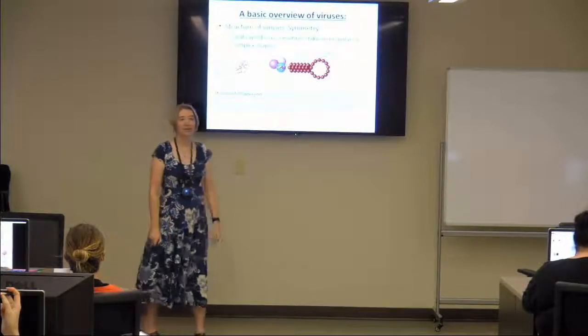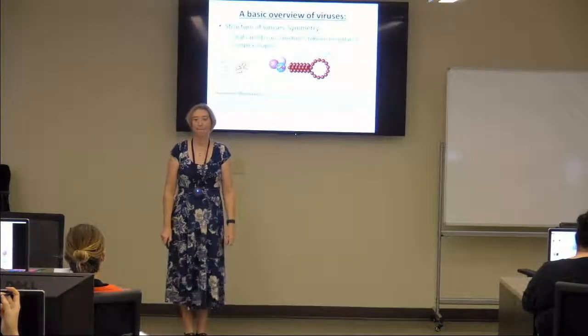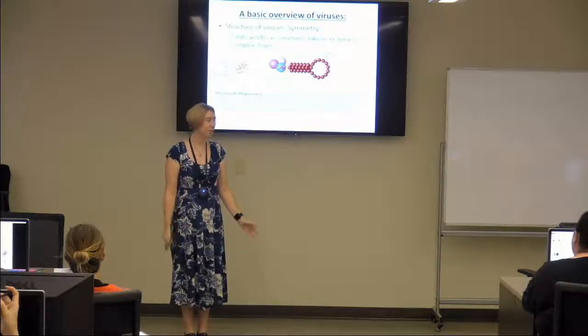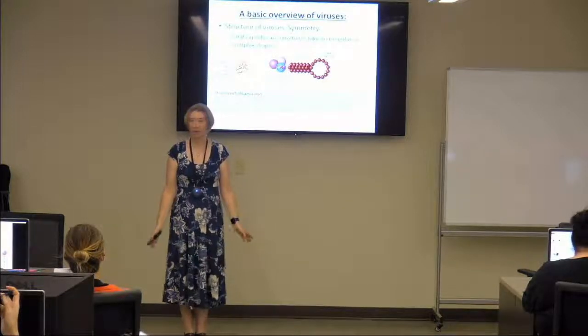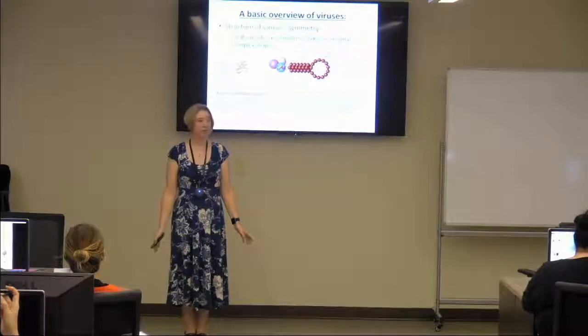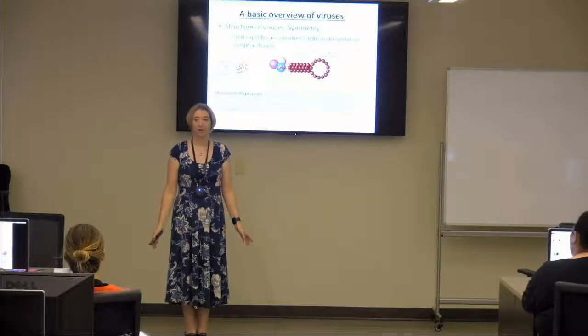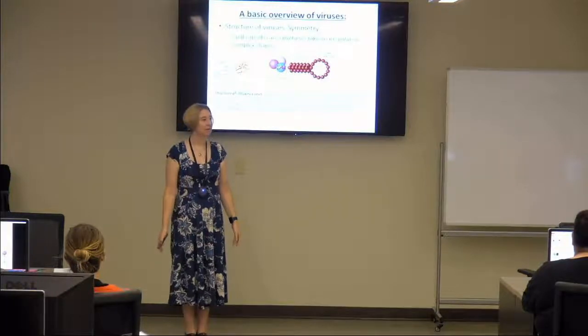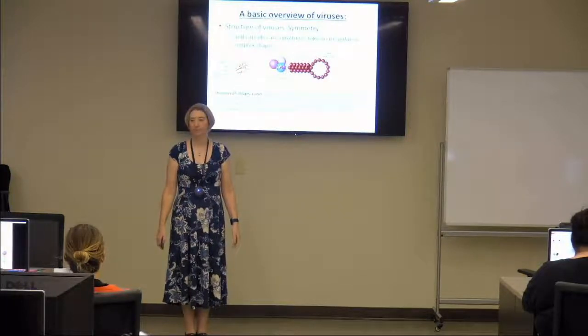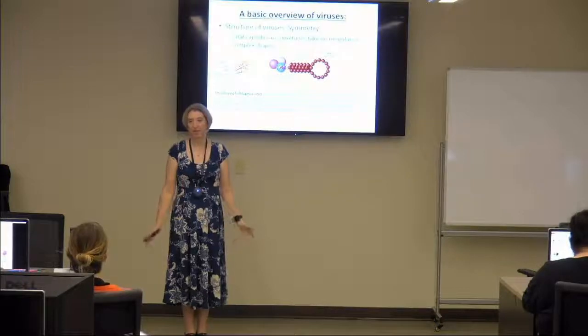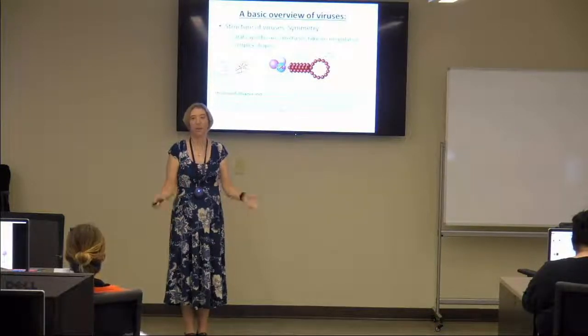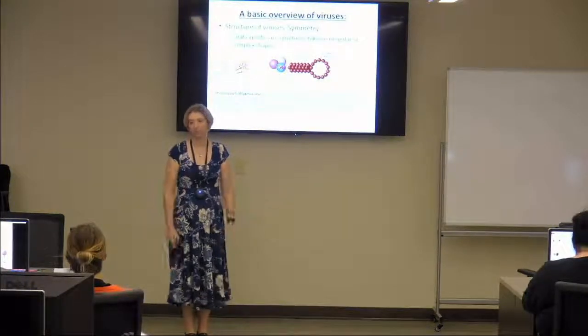Hemagglutinin, heme usually refers to what? Blood. And agglutination is a clumping. That protein can cause your blood to clump up. That's where it got its name.